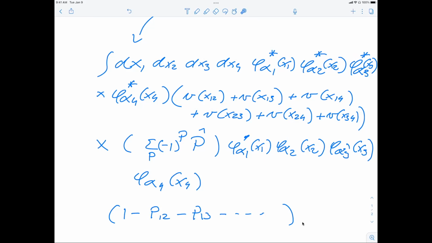If I take alpha 4 and alpha 4, that's no problem, but it's alpha 3 prime and alpha 3 which causes a problem. So the term which contains V of x12, we can actually leave out. If you now think of the term which has x14, what would you expect from that one? The same. So we can leave that one out. If I take the term x24, that would give us the same. So we can leave these terms out.